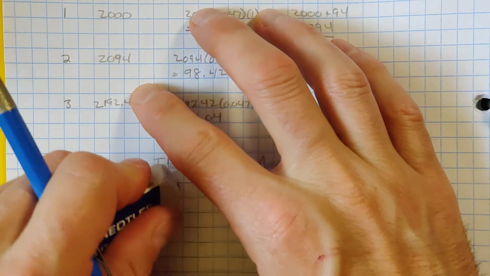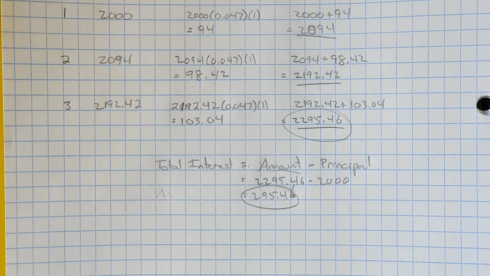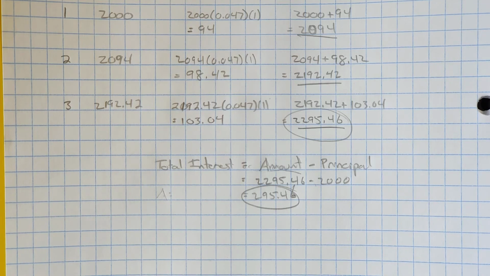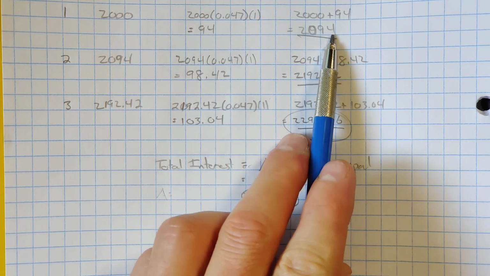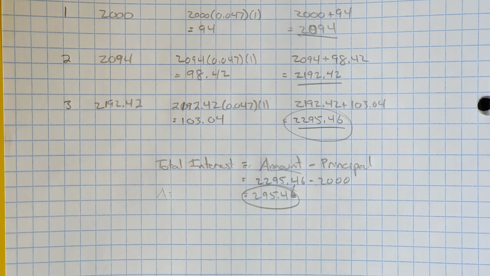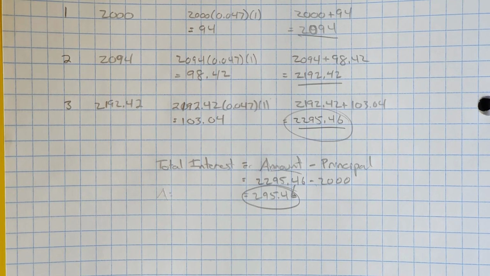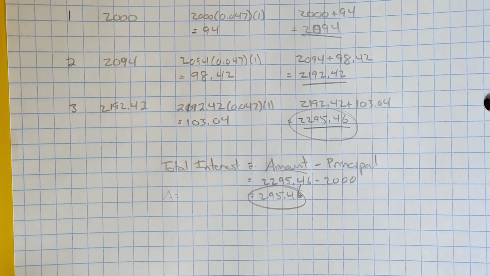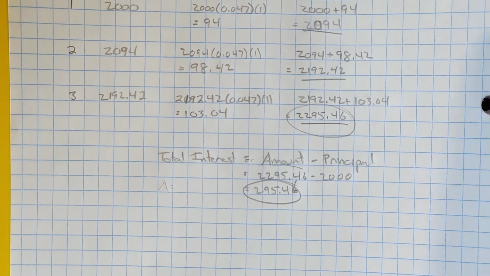And so in this case here, versus simple interest, he's made more. In simple interest, he was making $94 a year, which would have totaled out to 94 times 3. Every year he would have made $94 plus his $2,000. $2,282 is what I calculated.